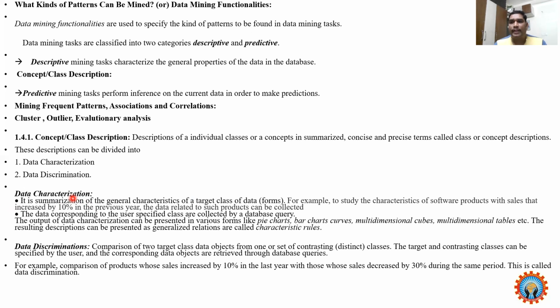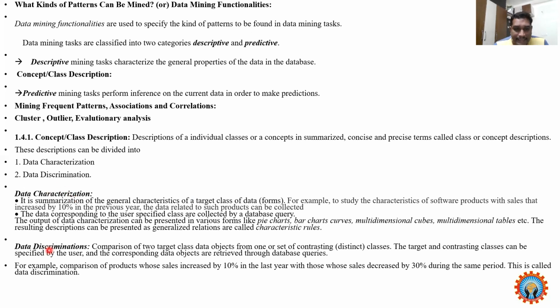With the annual sales, you compare the data with a target class, called the previous year. We compare this sales with the previous academic year, so that you can easily identify whether growth or profit or loss has happened. This is called data characterization.